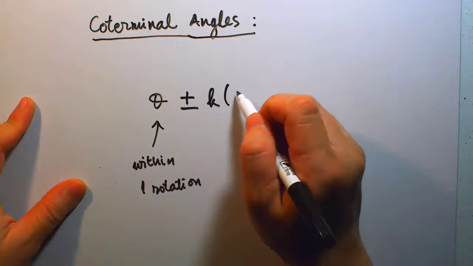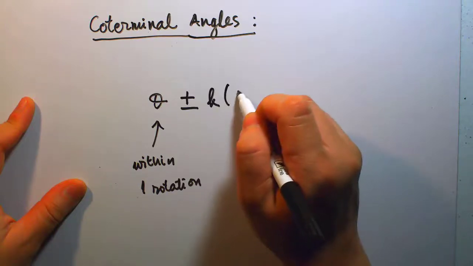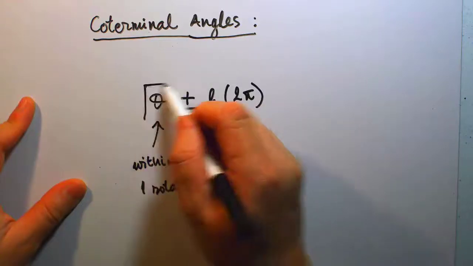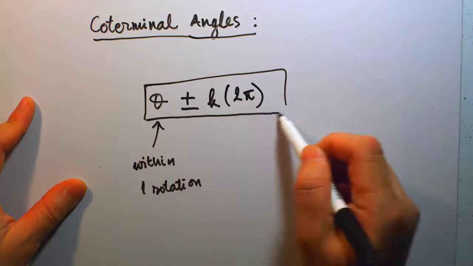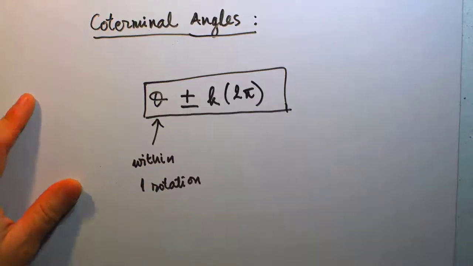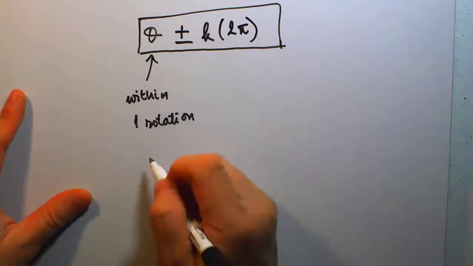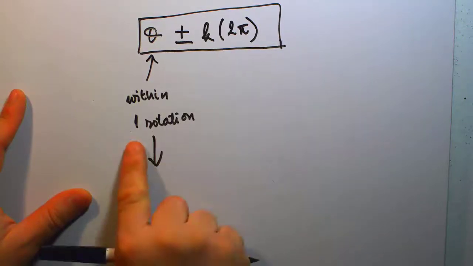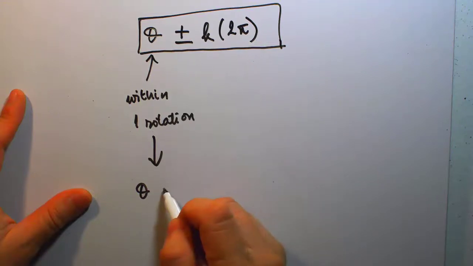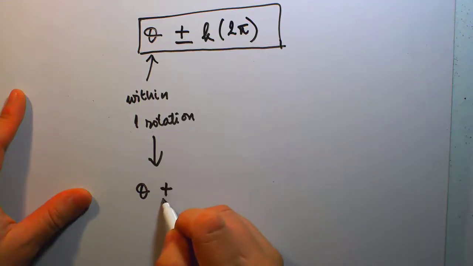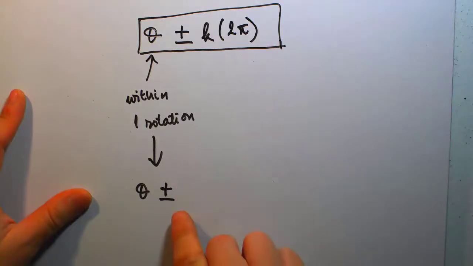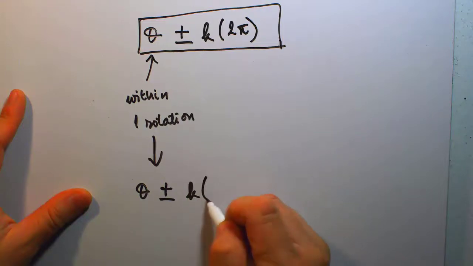In radians, this is expressed as k times 2 pi. So that's one way to generally express any angle on a unit circle and their coterminal angles. Or in degrees, once again, within one rotation we have some original angle, and all of those other coterminal angles in degrees are simply a matter of adding or subtracting some multiple of 360 degrees.